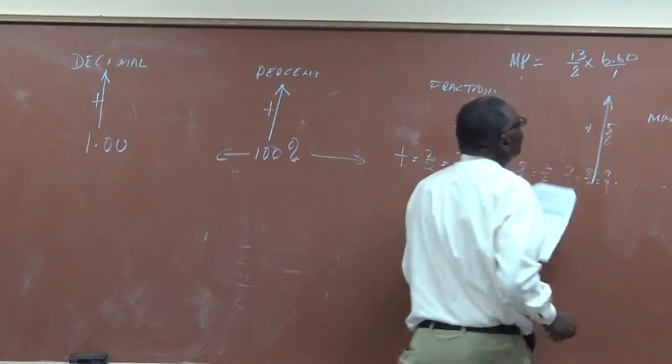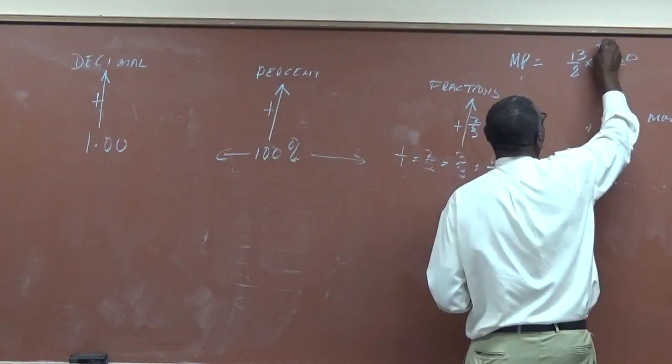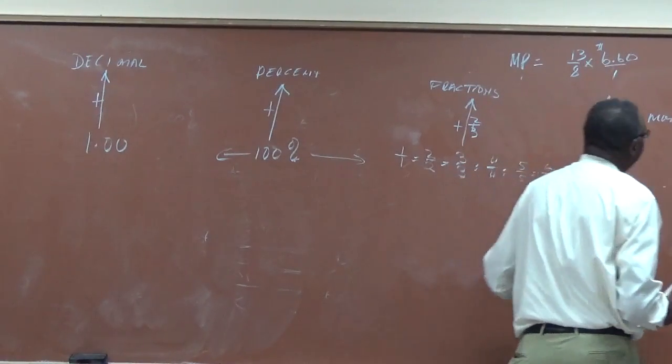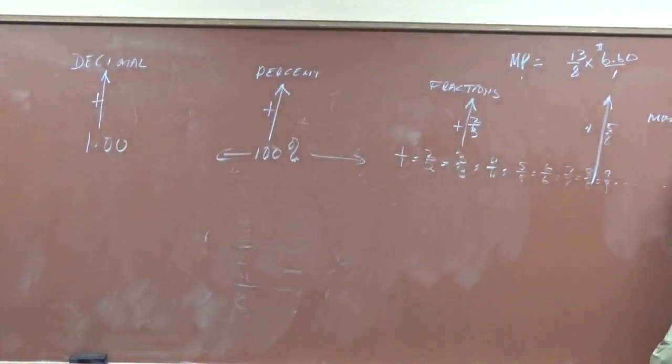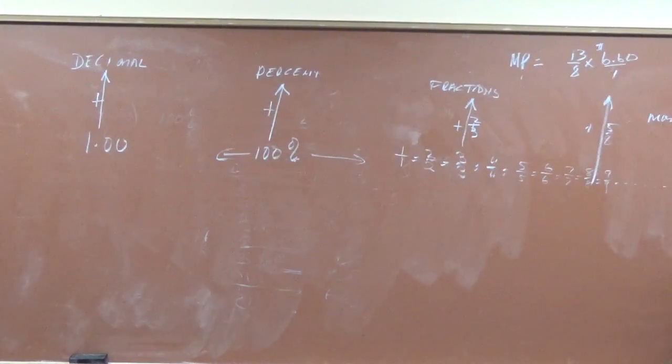$6.60. Okay, let's do that on the calculator. What do we get? 13 times $6.60 divided by 8, equal button. What do we get for menu price? 10.73.